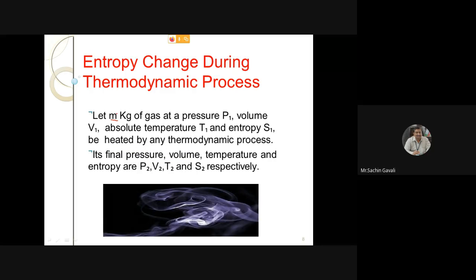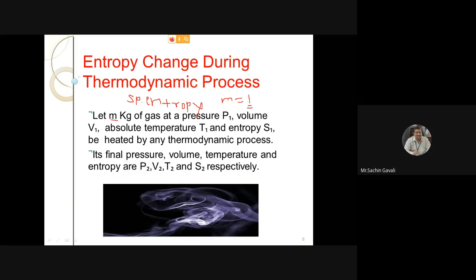If the mass is one, we can calculate specific entropy. This is total entropy. Specific entropy means for 1 kg of gas, m is equal to 1.